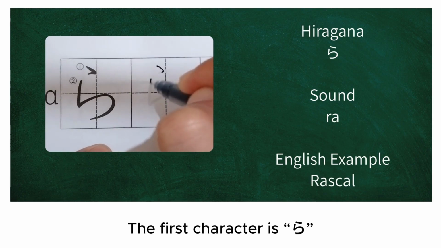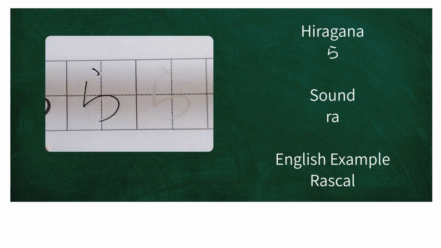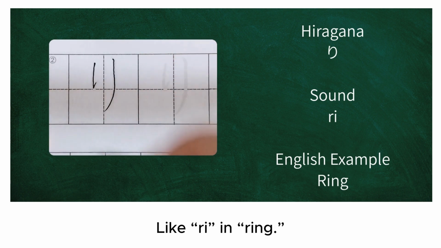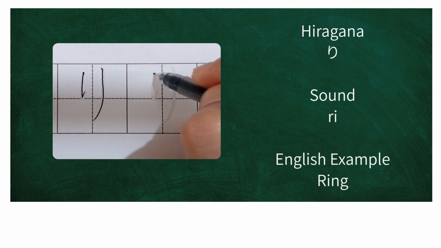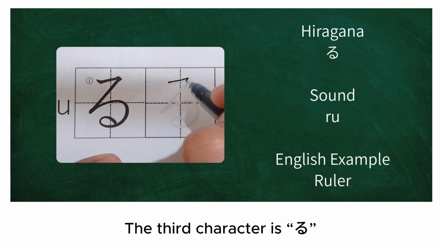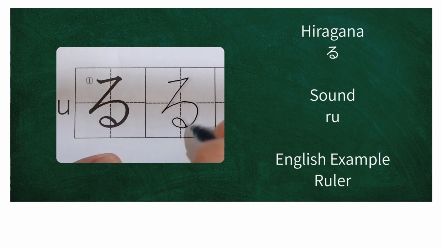The first character is Ra, like Ra in Rascal. The second character is Ri, like Lee in Ring. The third character is Ru, like Ru in Ruler.